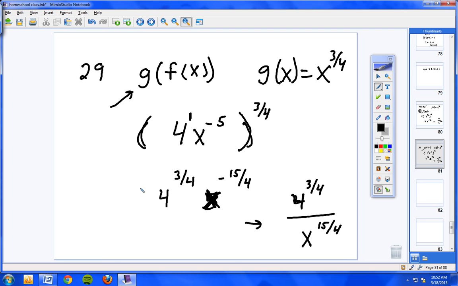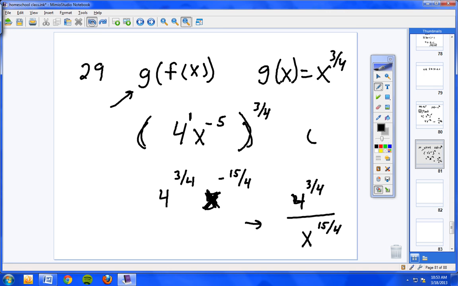By the way, Mike and Chase and Matthew, I could be as mean as a snake if I wanted to be. See this 4 right here? If I really wanted to be picky, you could rewrite that 4 as 2 squared, to the 3/4. What would that do? Well, it would multiply. It would give you 6 halves, and reduce it, you get 2 to the 3 halves. But I'm not trying to be all picky on you, okay?